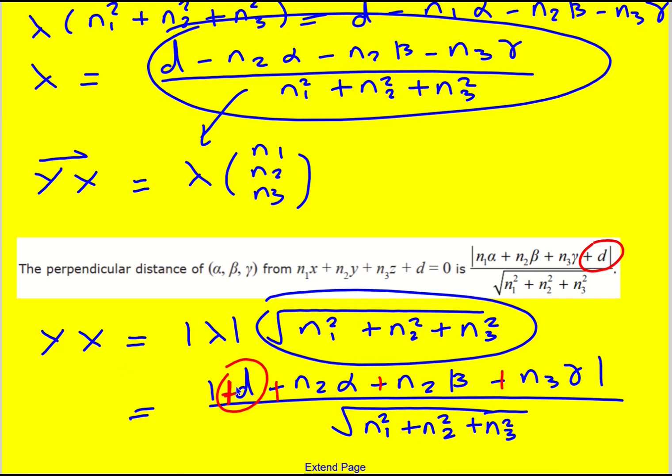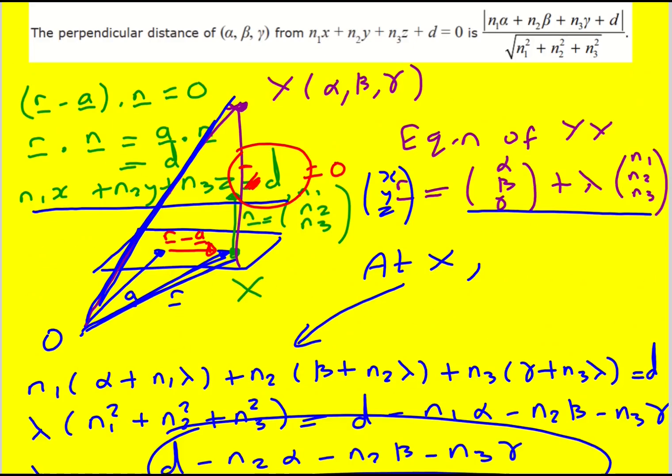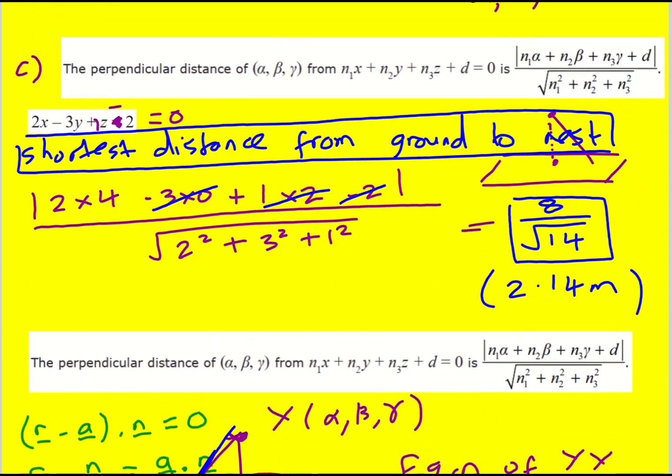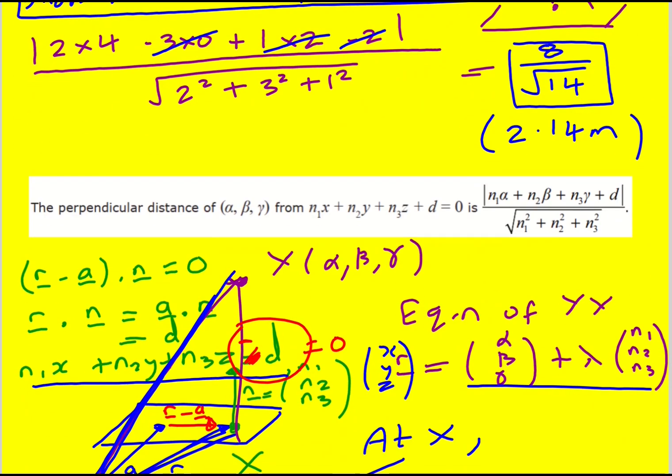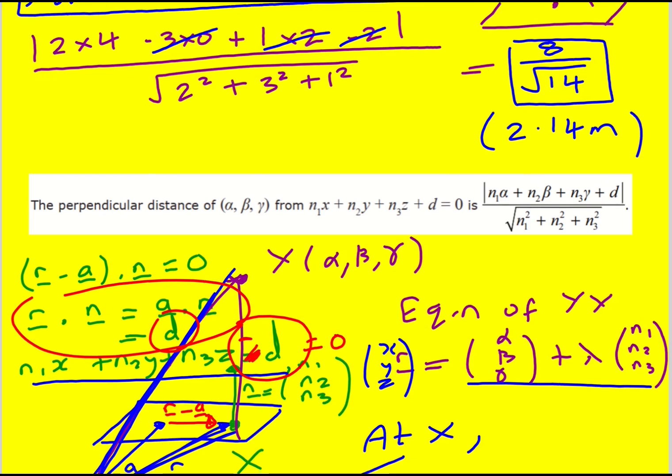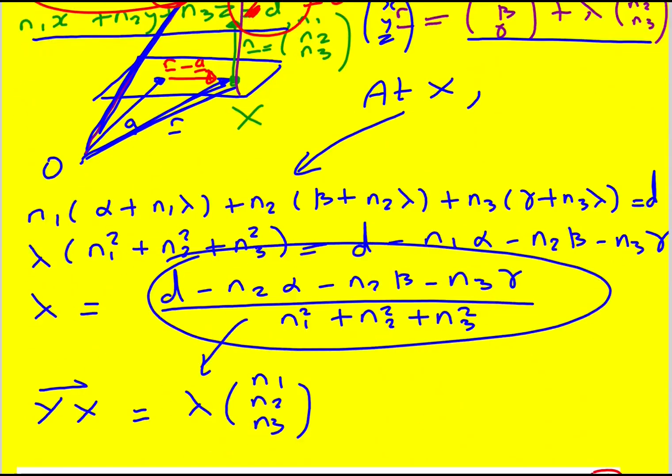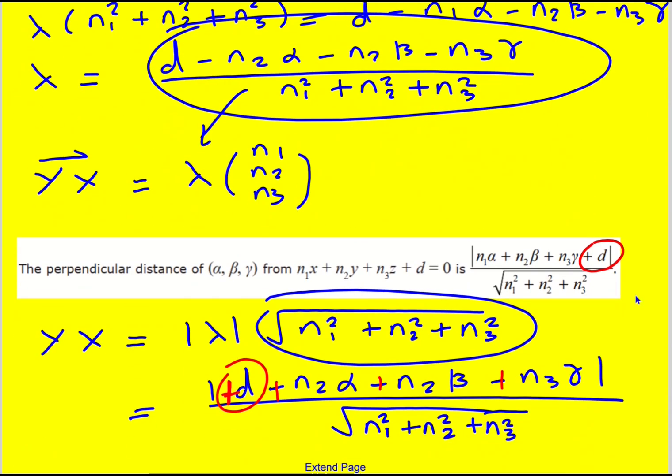So sorry, there's a slight discrepancy. You normally write it like this, and you set it equal to d, but you can make it positive on the left-hand side. Just have to be a bit careful. So not going to go into any more detail on that, but that is an explanation for why it was slightly different. And there we go.